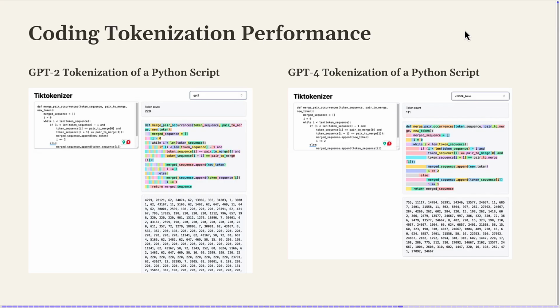I mean, now, if you use GPT-4 with the old tokenization technique of GPT-2, it's impossible that you get the same performance and the same accuracy that we are getting with this tokenizer. Voila.